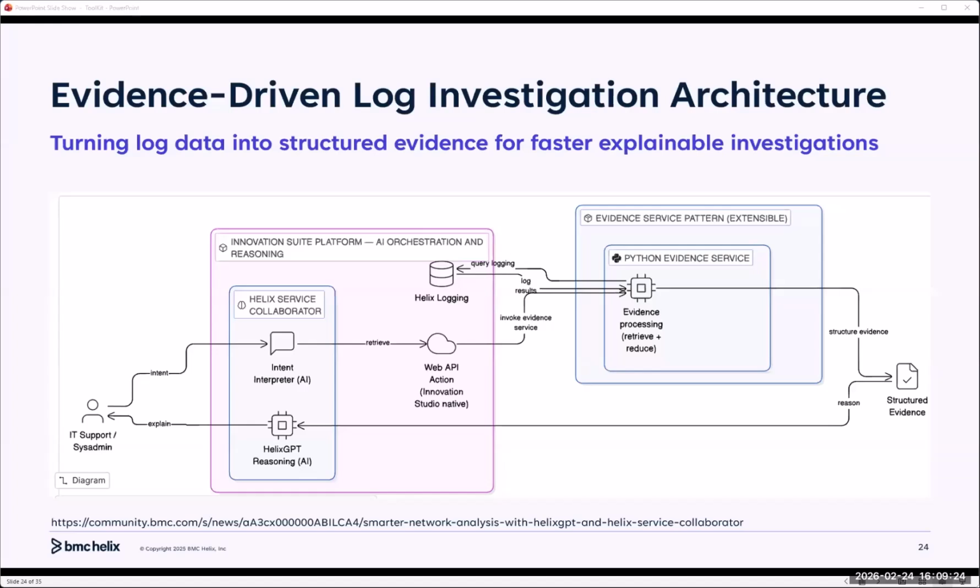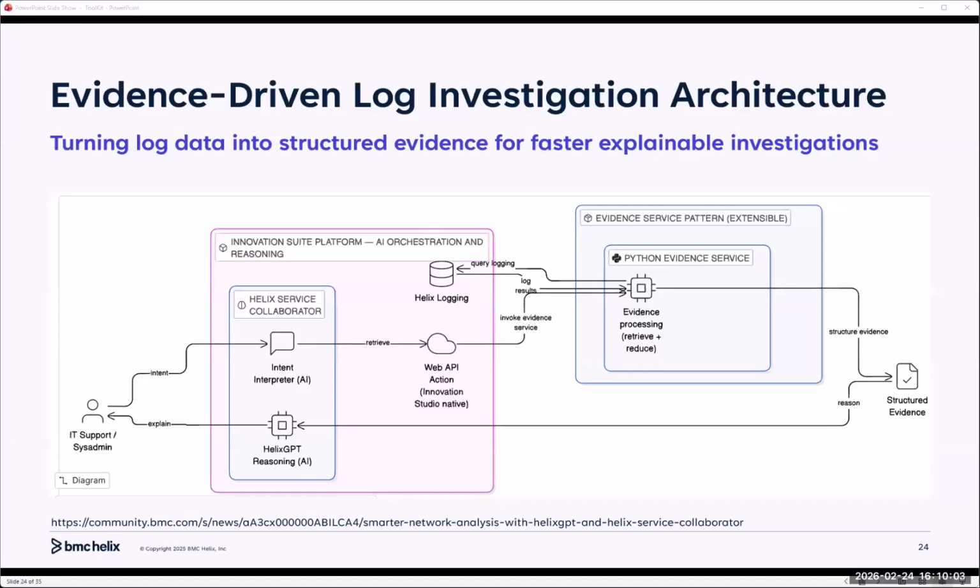So once that happens, we don't actually send the raw logs to the model, because that in itself would be a huge problem in terms of token usage. So all we're doing is calling a small evidence service through Innovation Studio, and that service, this is my Python service, queries Helix logging, and that's really what pulls back the relevant information and reduces all of that into more structured evidence.